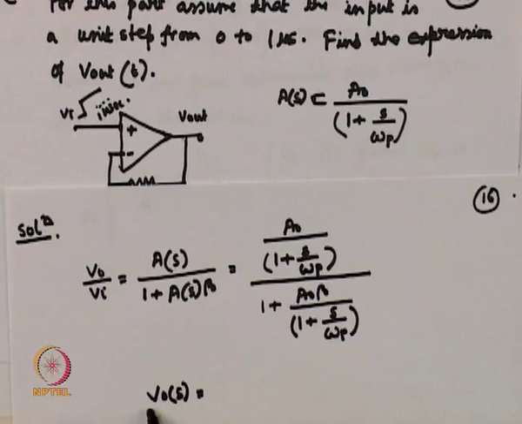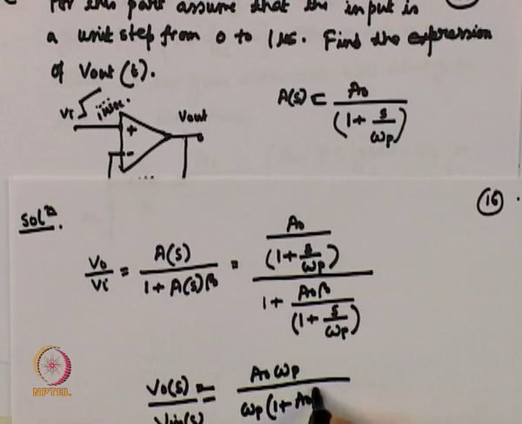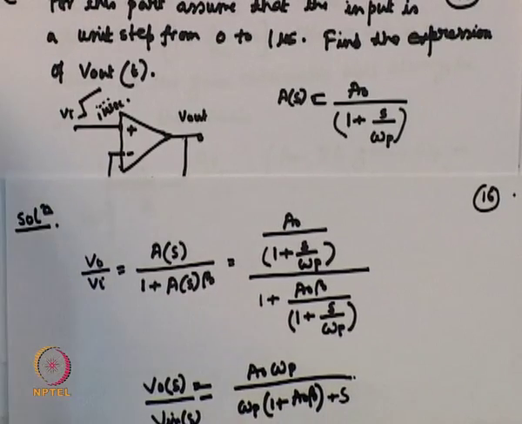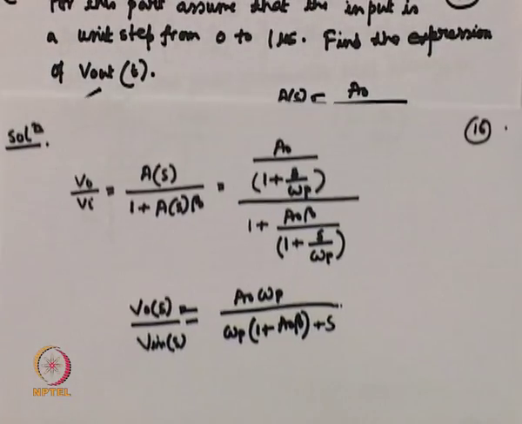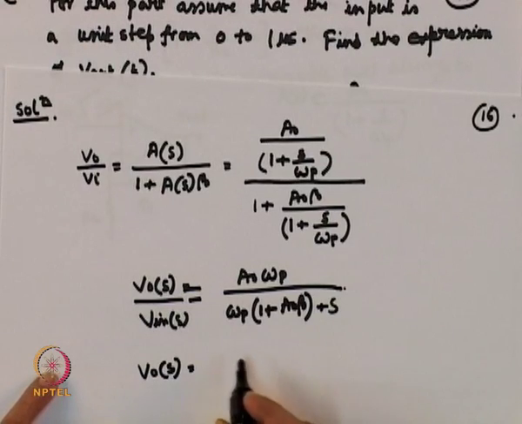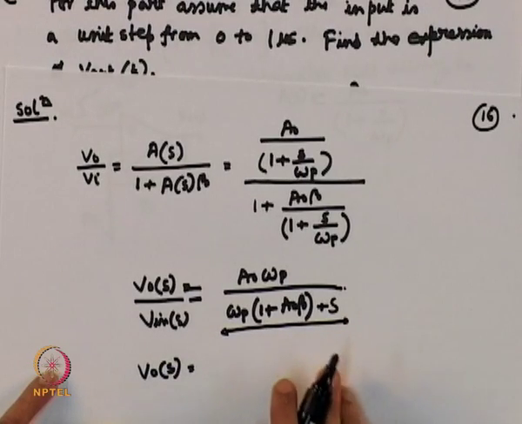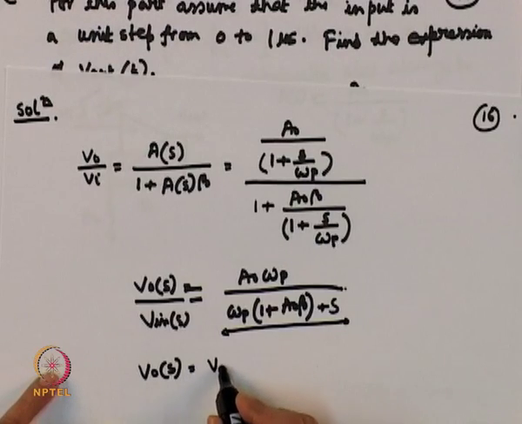So, Vo(s) by Vin(s), if we simplify this, it is going to come A naught omega p by 1 plus A naught beta plus s.